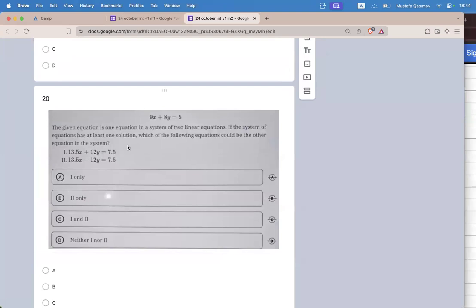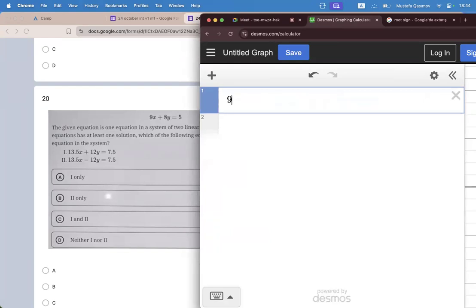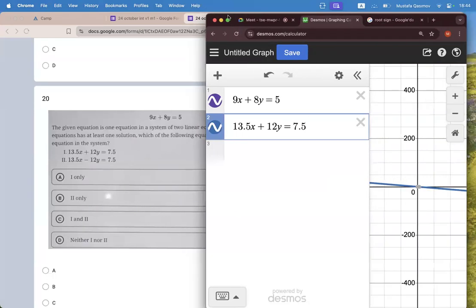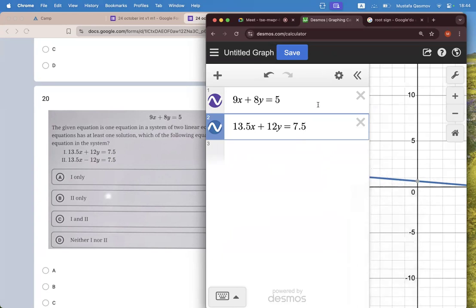Okay, this one. We have the first equation here, 9x minus 8 plus 8y is equal to 5. Second, 5x plus 12y is equal to 7.5. You can see that we have an infinite number of solutions between these two lines because they are totally the same, right?